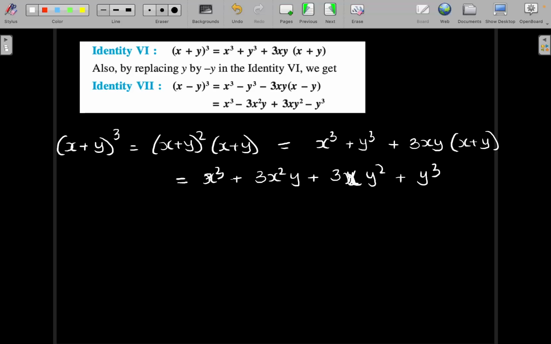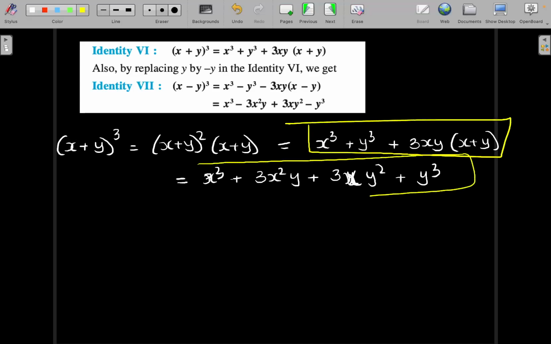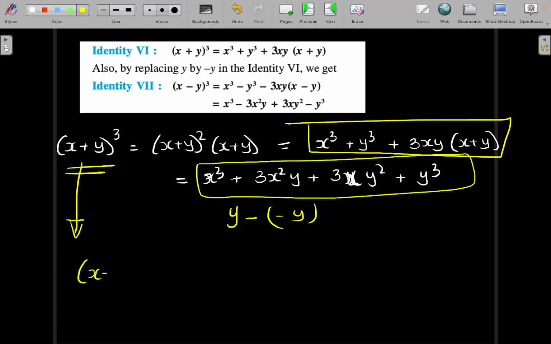Now in both these forms, look at this form and look at this form. In both these forms, if you just replace y with minus y, you get the other two identities. So basically here, if you replace y with minus y, you will get x minus y whole cube, and for the answer you just take this expansion and put y wherever there is minus y.